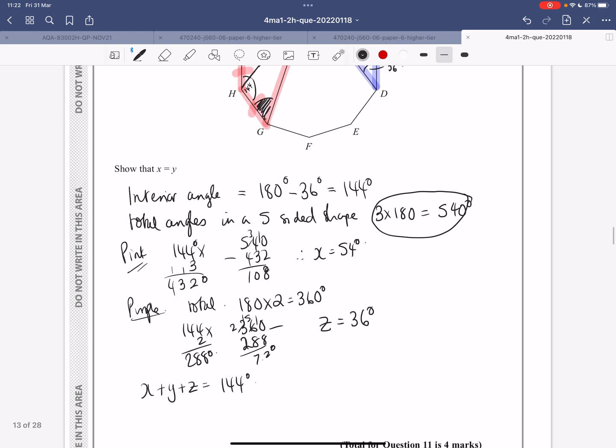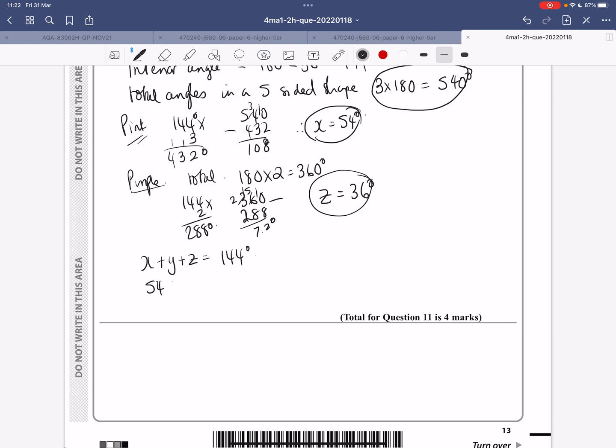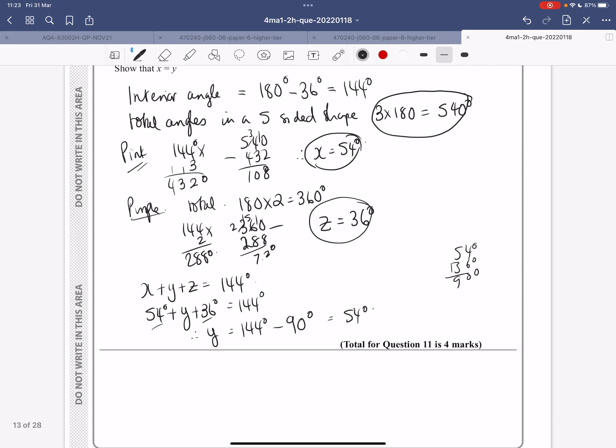And we want to show, we've got x is 54, we've got z is 36, so 54 plus y plus 36, all in degrees, is 144, so therefore y is 144 degrees minus 90 degrees, because there's 90 on that side, so it's 54 degrees. And look, so therefore y is equal to x is 54 degrees.